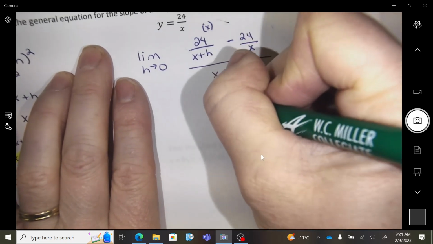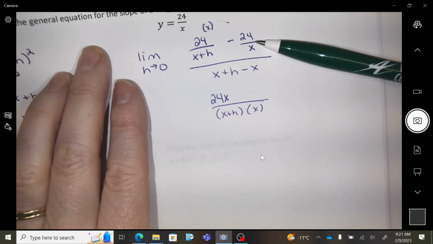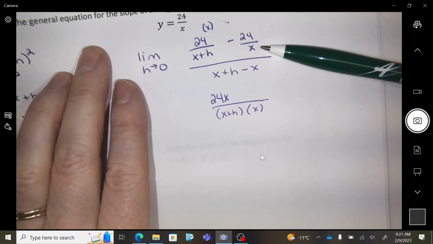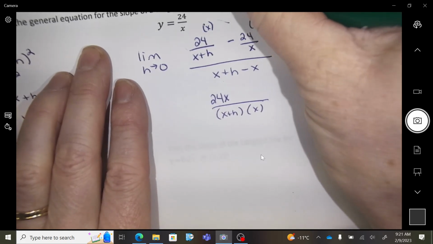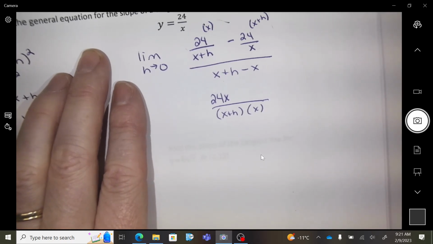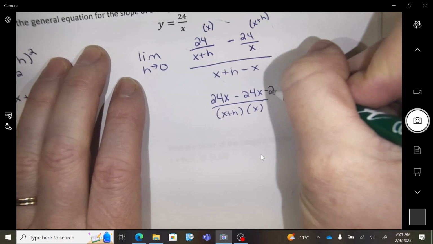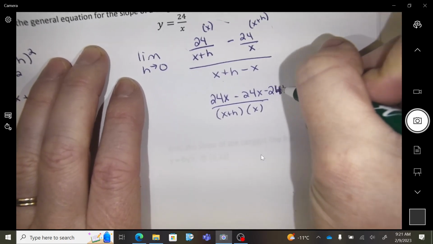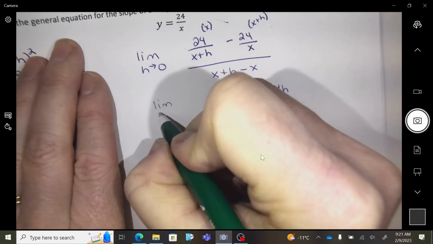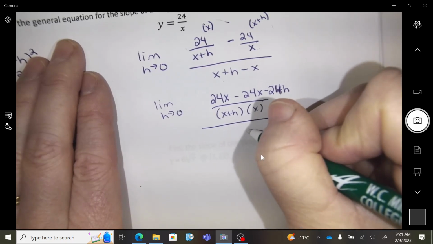X. So 24x. Then this fraction, this would have to get multiplied by x plus h. Right? Everyone's with me so far? All over h yet.